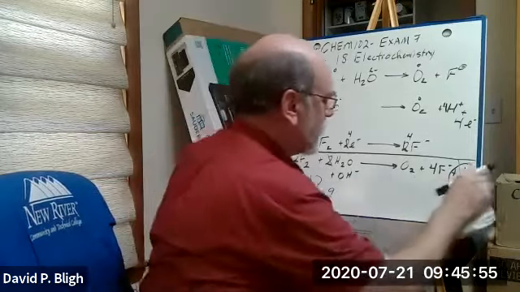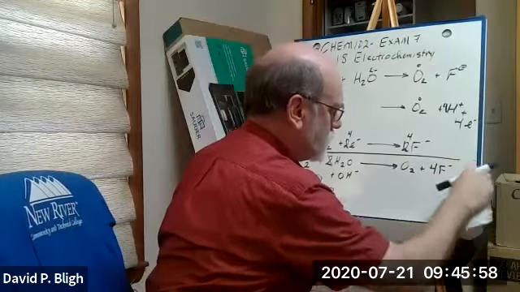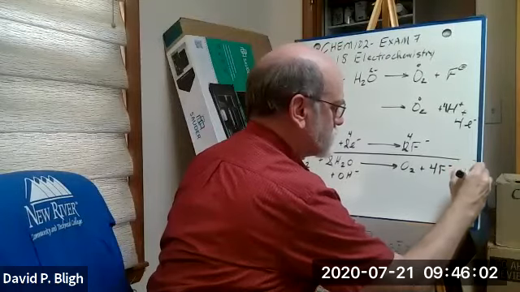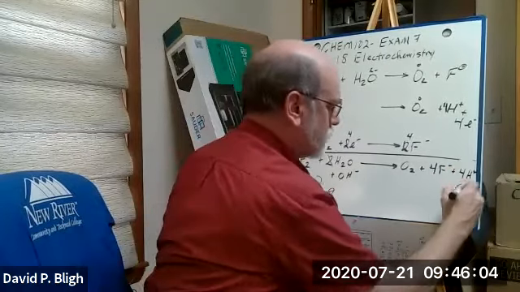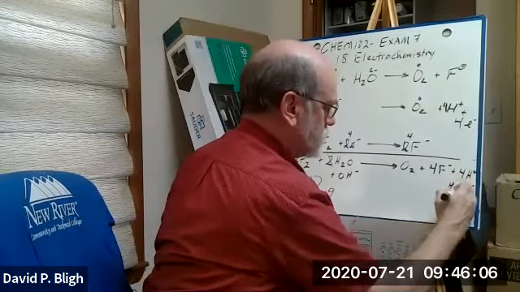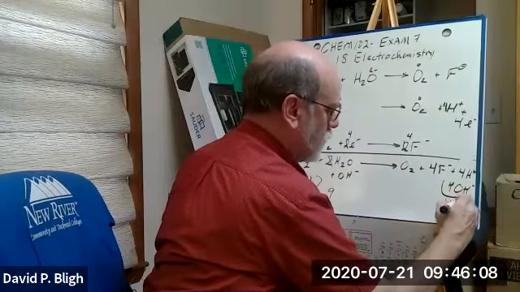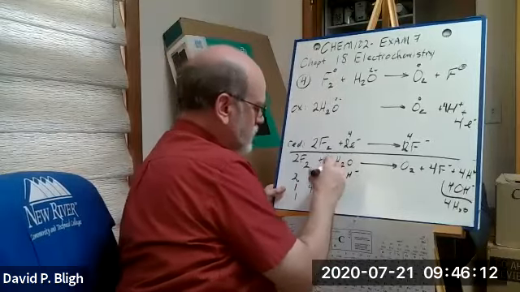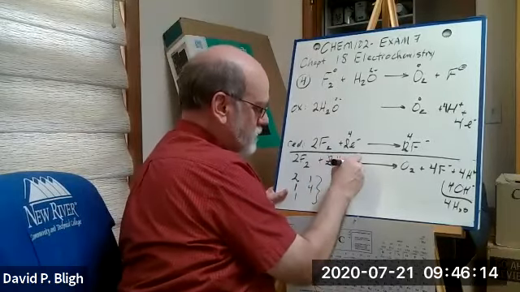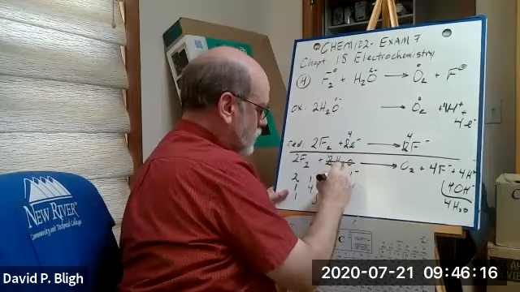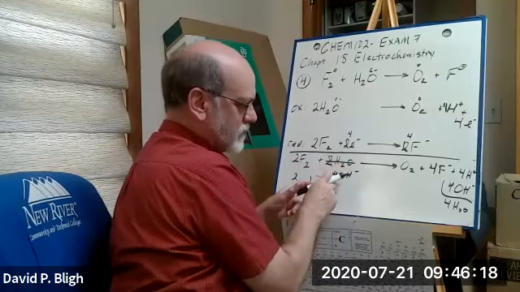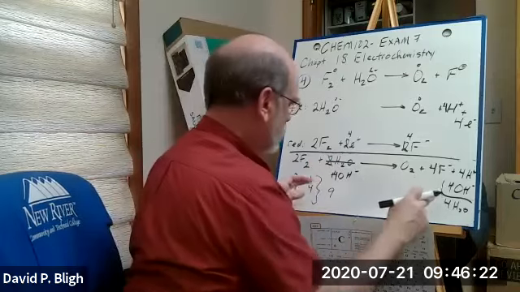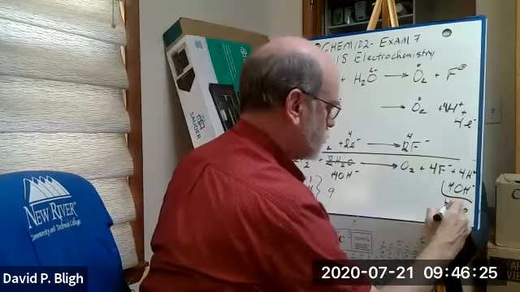So we need to go back down here. 4 hydrogens with 4 hydroxyls yields 4 waters. We got 2 waters here, so that means those go out. 4 hydroxyls stay on this side. And we've got 2 waters left over.